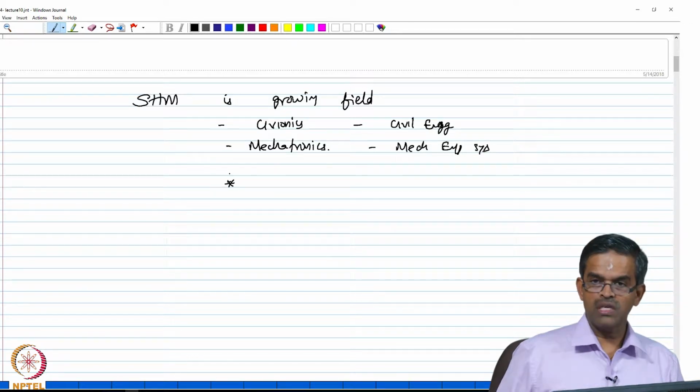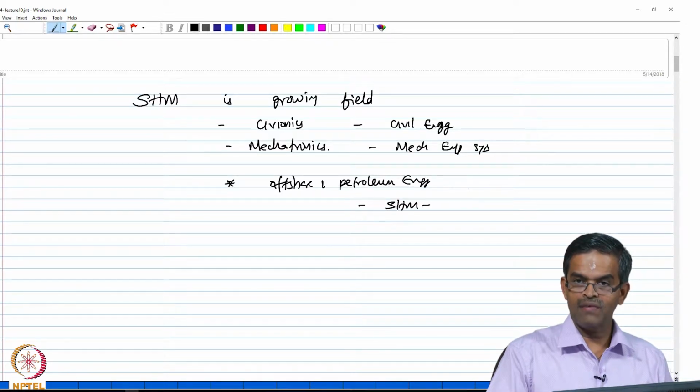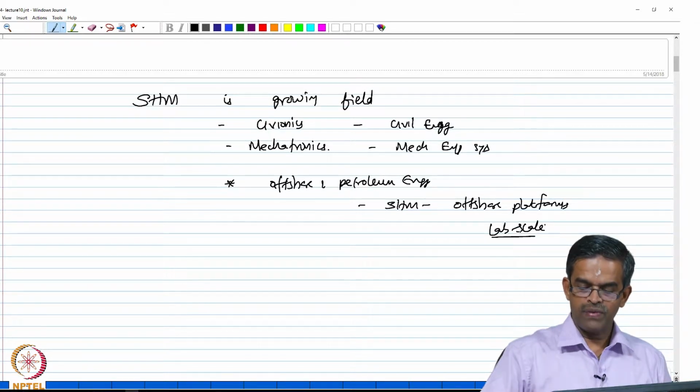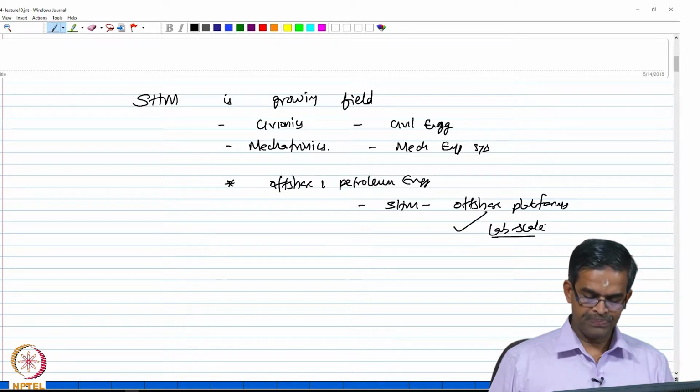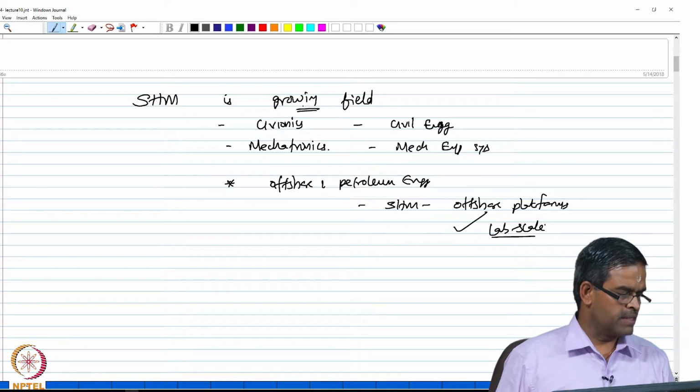In addition, we have also seen how they can be applied to offshore and petroleum. We have seen how SHM can be designed, developed and deployed for offshore platforms at lab scale. It is a growing field which has major application.